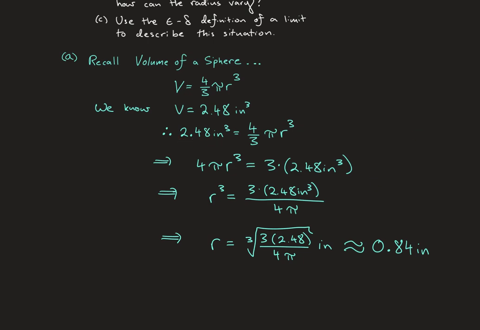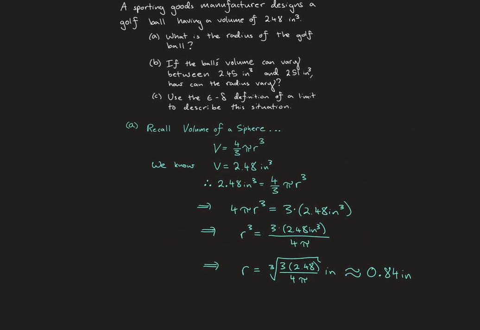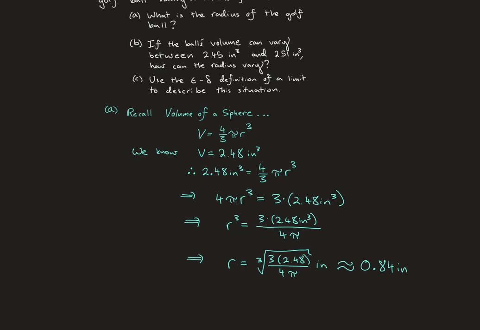All right, so now we have this new question. If the ball's volume can vary between 2.45 cubic inches and 2.51 cubic inches, how can the radius vary? Okay, so this is indeed an epsilon delta sort of idea. We are saying that the function is varying.